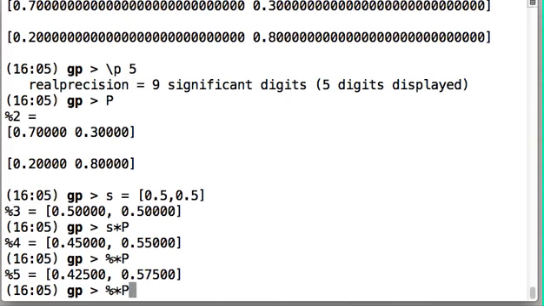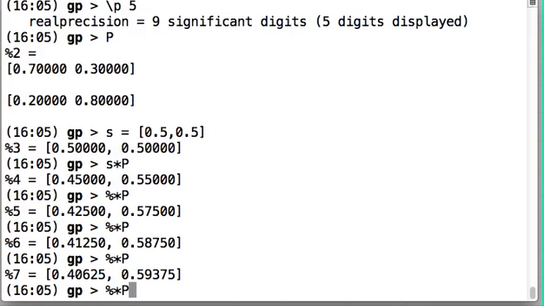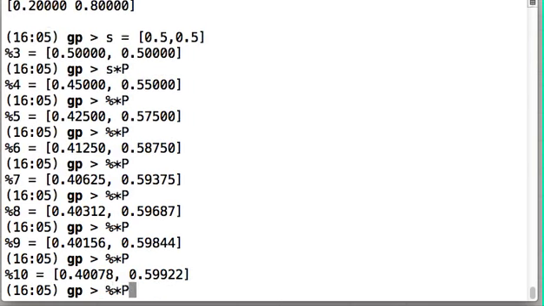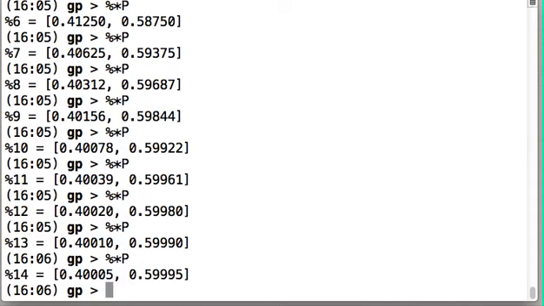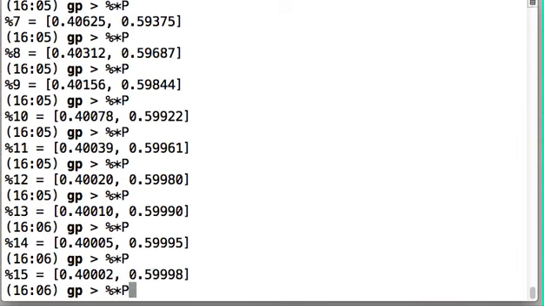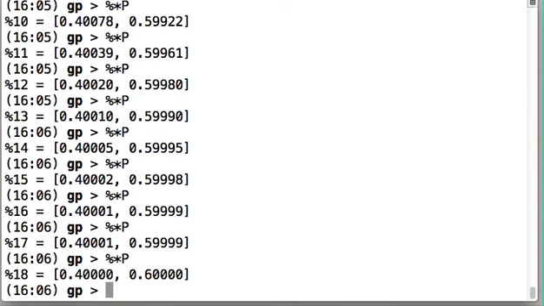That's after 2 iterations, after 3, after 4, after 5, after 6, after 7, after 8, after 9, after 10, after 11. Look at what's going on. These matrices look like they're approaching 0.4 and 0.6. If I just keep going, basically it looks like I've gotten there.